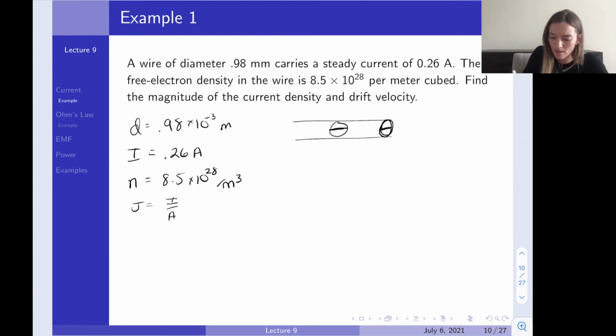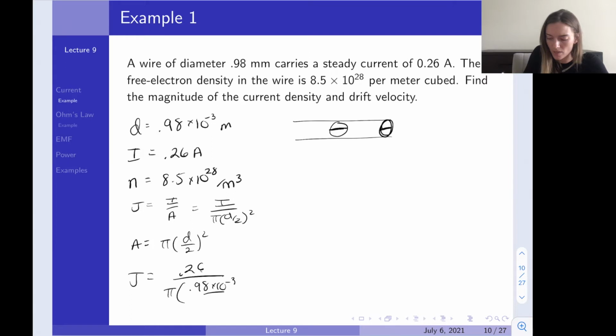So the area of our little wire will just be pi r squared, but r is going to be 1/2 the diameter, so we'll say the diameter over 2 squared. So J will just be equal to the current divided by pi times diameter over 2 squared. So that comes out to 0.26 amps, then we've got pi, we've got 0.98 times 10 to the negative 3 over 2, and then we square all that. And that number comes out to 3.45 times 10 to the 5 amps per meter squared.